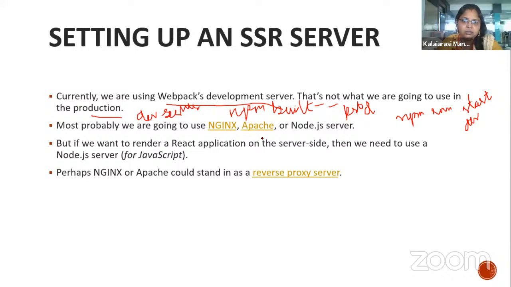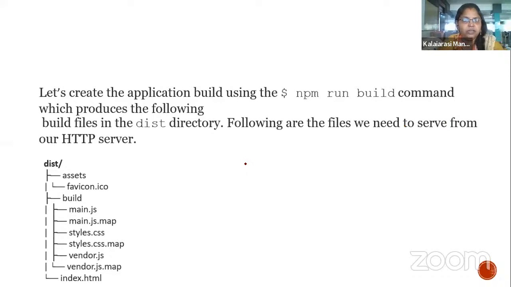Now, what we are doing is we are going with the Node.js server, the most commonly used one. So don't worry about nginx and all. What we are interested in is only these two things. So now you can observe the command npm run build, which will include your servers in whichever constant you have written.